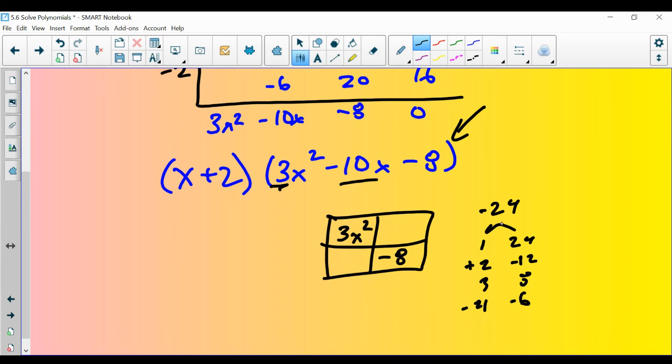Which of these multiplies to -24 though? That would be that one. Right? -4 times -6 would have been +24, not negative. So these are the things that go in these two boxes. It doesn't matter the order. We're going to have a 2x and a -12x.